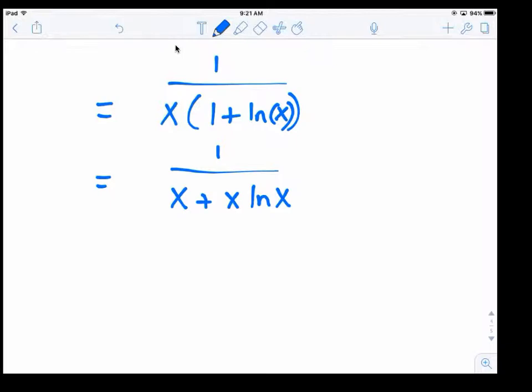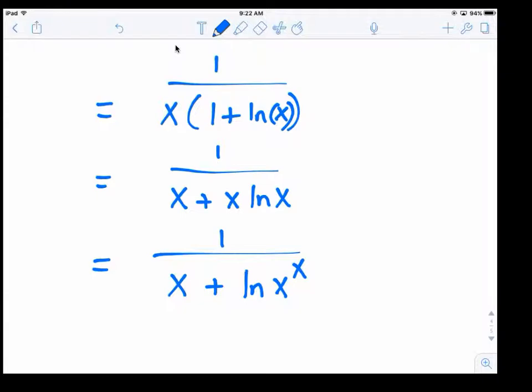All right, now you could leave it like this, but this is a good thing to bring up. How can I rewrite this? X times the ln of x. Right, good. So we're going to have 1 over x plus ln of x to the x power.